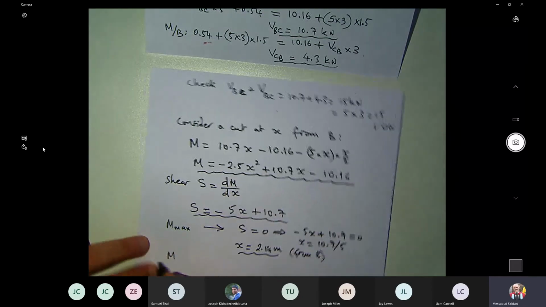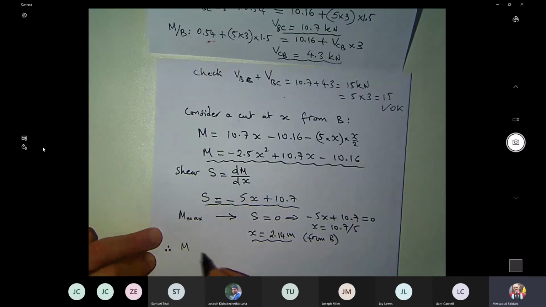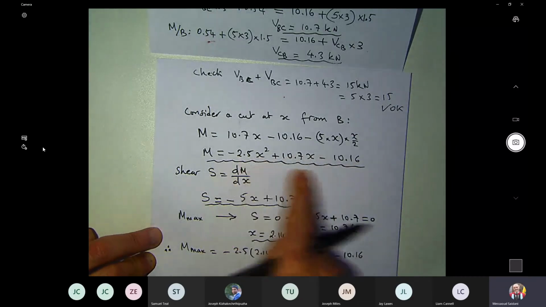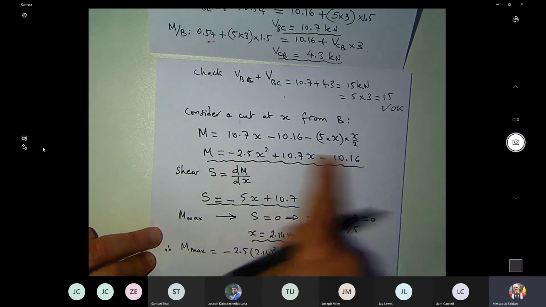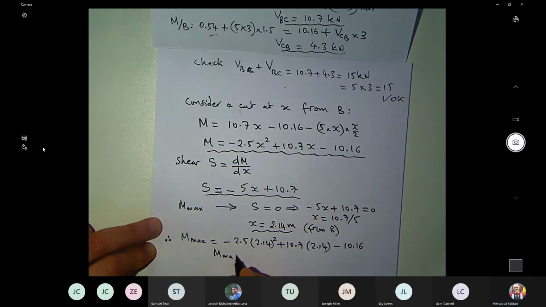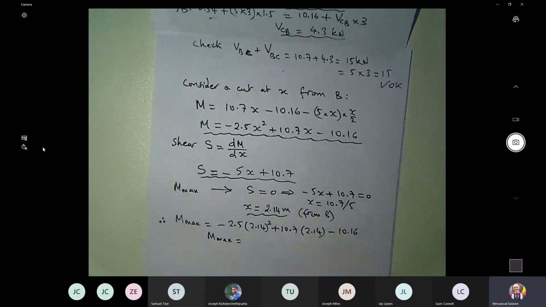So M max will be minus 2.5 times 2.14 squared plus 10.7 times 2.14 minus 10.16. We are substituting X into the equation here. I haven't got the answers from this point onwards because I haven't finished it earlier, so I will be relying on your calculations.